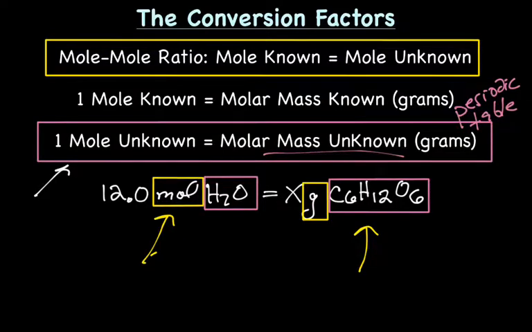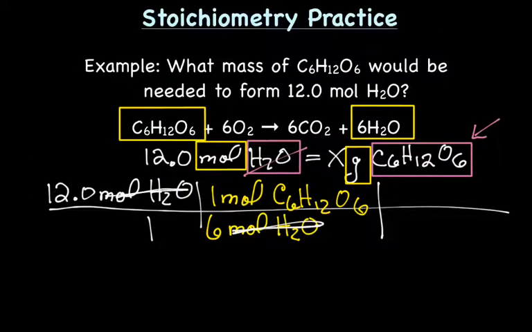So let's do that. We want 1 mole of C6H12O6, which we're going to put on the bottom because we have that on the top to cancel out. So that part's pretty easy. 1 mole C6H12O6 on the bottom. And now we need to figure out the molar mass of C6H12O6.